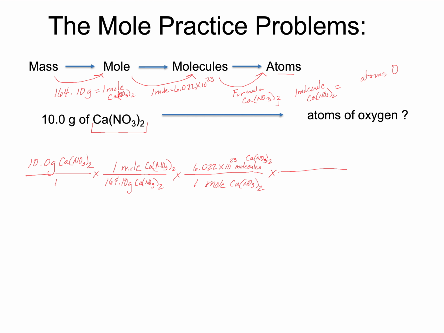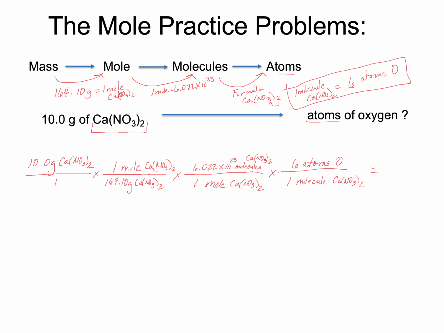Well, you take the 2 and multiply times the subscript 3, and that tells you 6. So this is a conversion factor right here, guys. 1 to 6. So for every 1 molecule of calcium nitrate, that's equal to 6 atoms of oxygen.